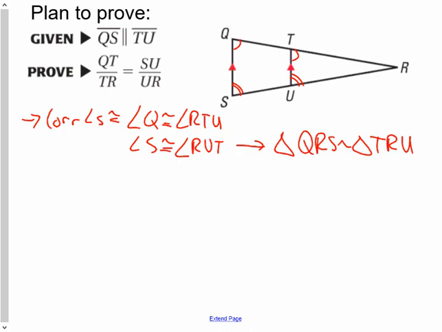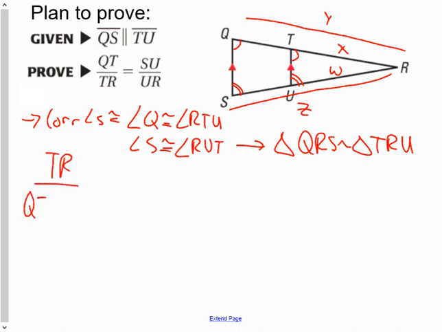Okay. Then what, right? So then you would basically run into this issue where you have X to Y similar to, we'll go other letters, W to Z, right? And it's basically a segment addition postulate, right? Because you have TR to QT plus TR, right?